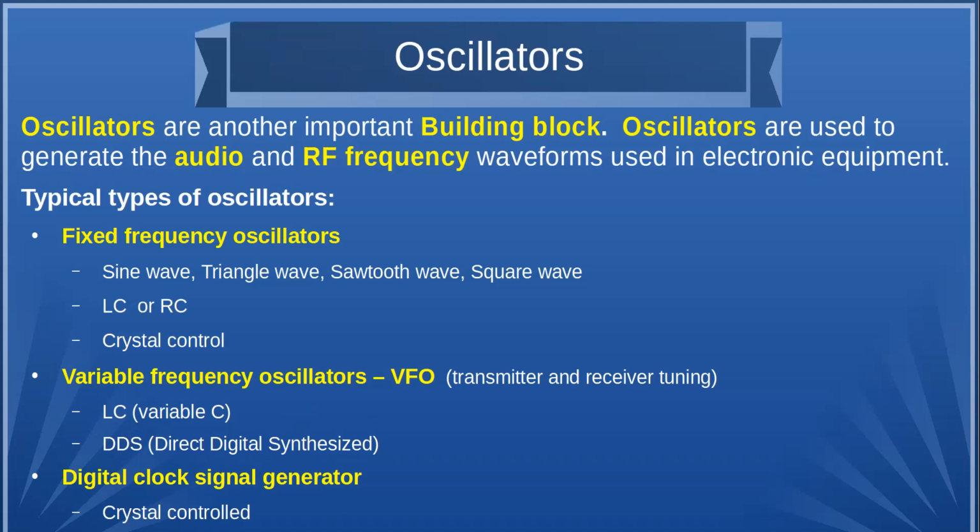So you just look those up and output them and then filter it with a low pass filter again. And then digital clock signal generators, which is usually a crystal controlled oscillator. They come in small packages where you just supply usually 5 volts to it and you get a signal out of it.